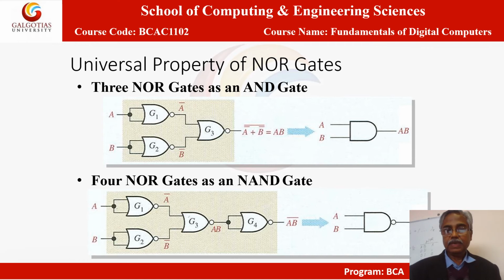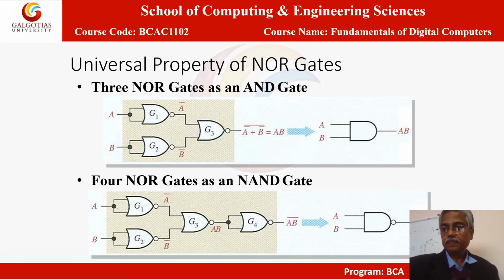Suppose 0 0 is entered through A and B. The inverter circuits G1 and G2 will make it 1 1, and then 1 1 will pass through G3, that is the NOR gate, and 1 1 will become 0, and that 0 will again be converted to 1 by the G4 inverter circuit.